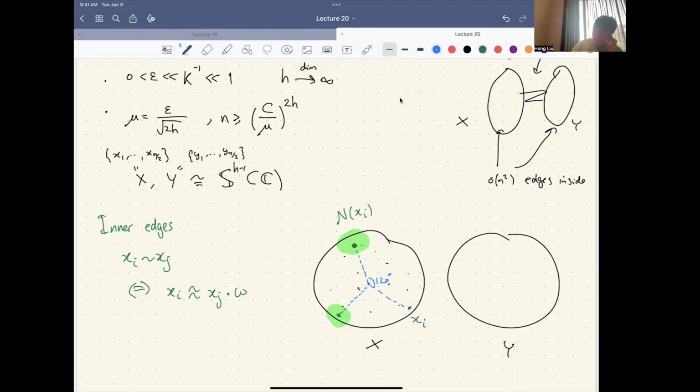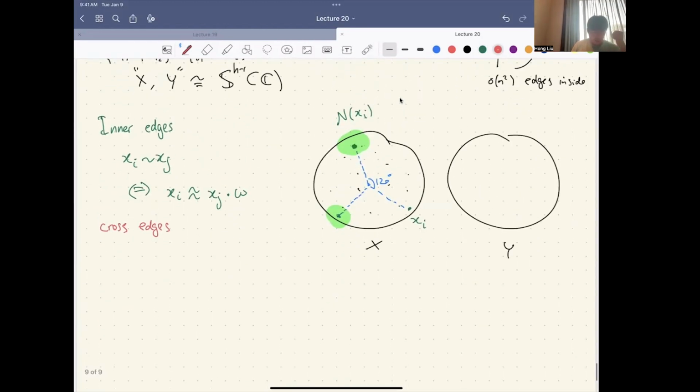For cross edges, it's a little bit more complicated. We have xi and yj. We have xi adjacent to yj if and only if two conditions are satisfied.